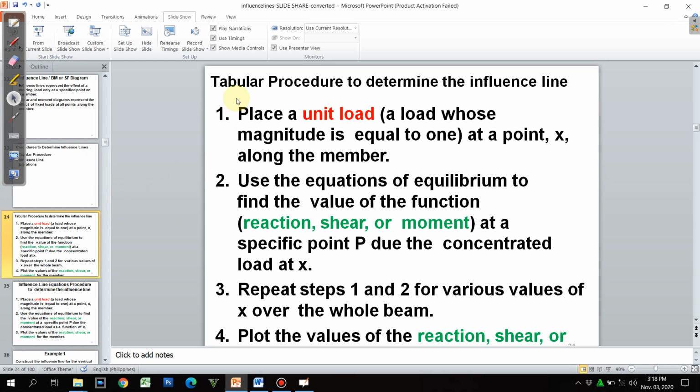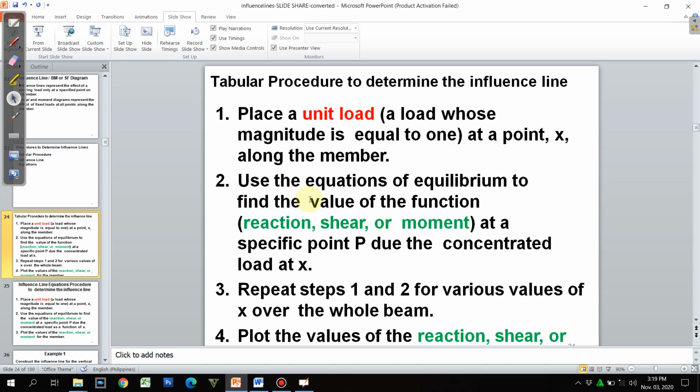For the tabular procedure to determine the influence line, number one, place a unit load, a load whose magnitude is equal to 1, at point x along the member. x here is changing from left to right.